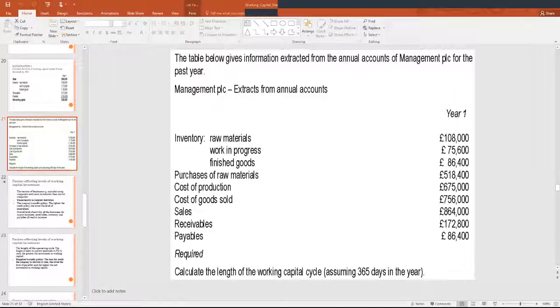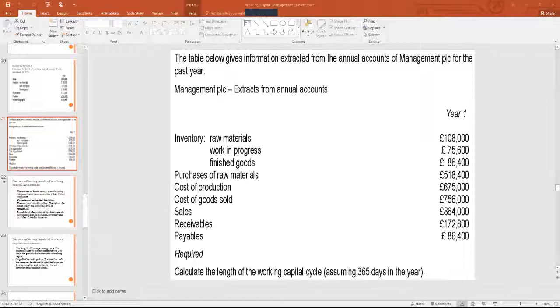I presuppose that you've gone through the question and understood what it requires of you. In this example, we are meant to get the cycle, and for this company, as you may have observed, the inventory is subdivided into raw material, work in progress, and finished goods, which means that this company is involved in manufacturing. So therefore, what do we need to do?